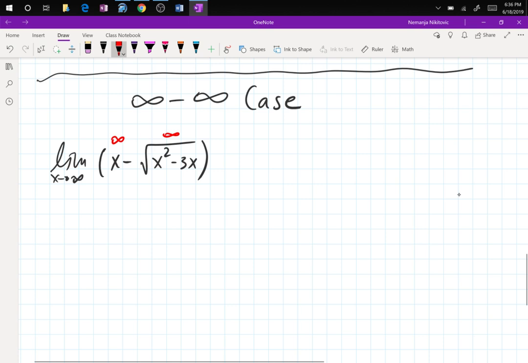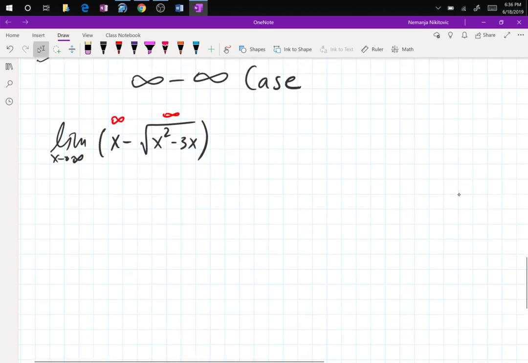So let's go. The first order is factor, then use 1 over f, then L'Hopital, and then you win. That's the path that we have to take in order to solve these problems.